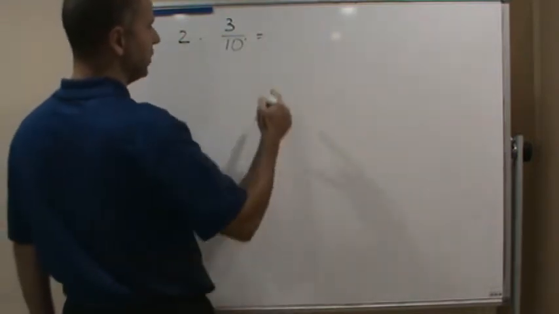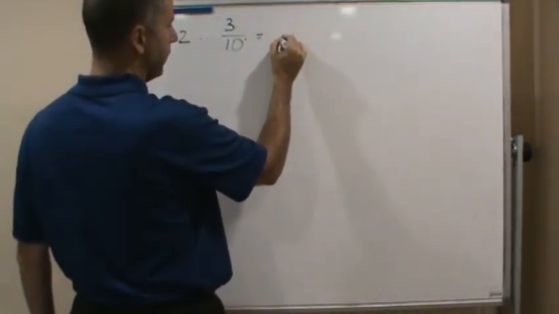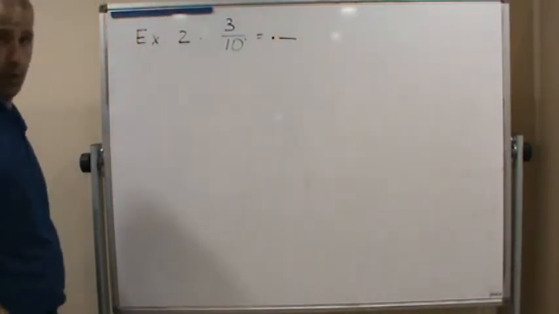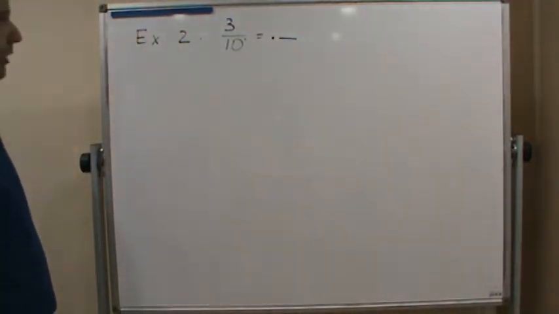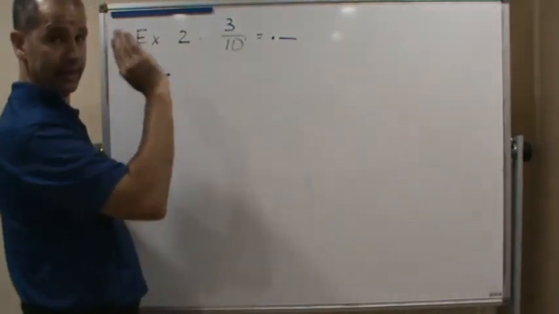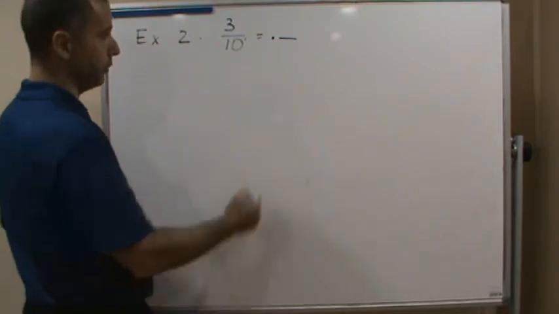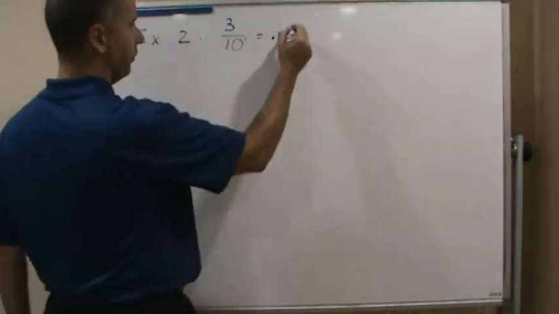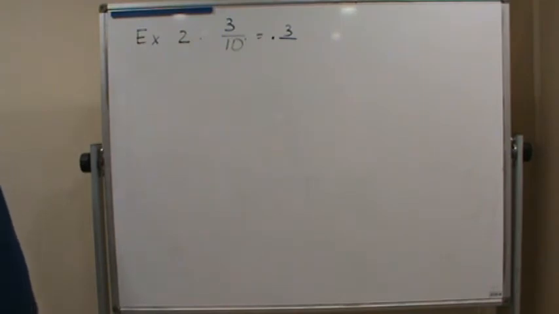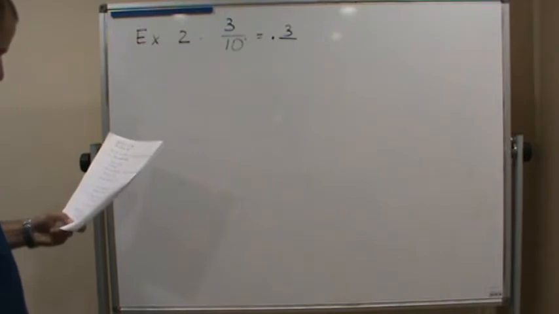And so that means we're going to have one space after the decimal. And so we're going to take the numerator and place it in the rightmost blank. Well, there's only one blank in this case, so we're done. That's it.